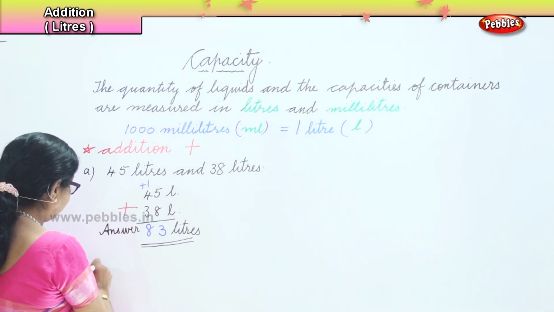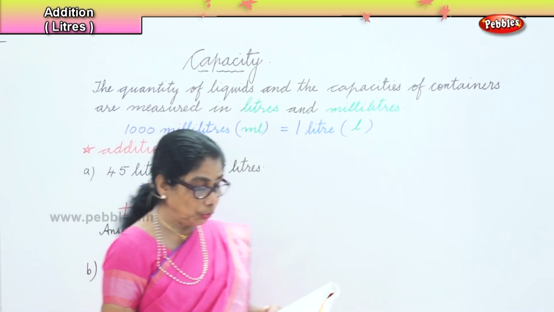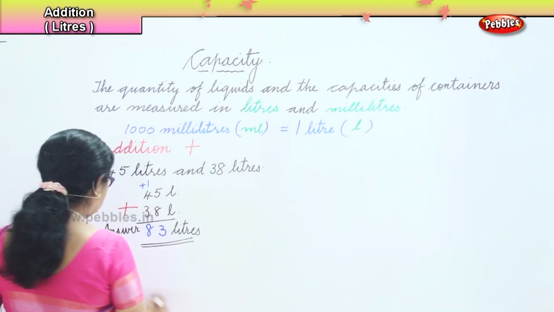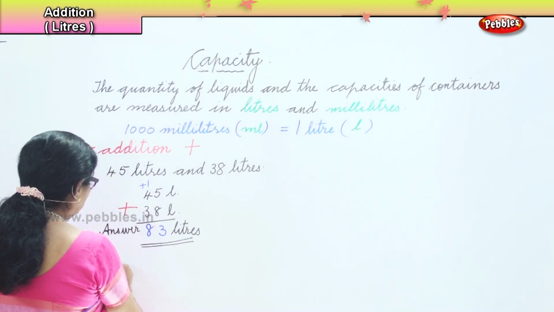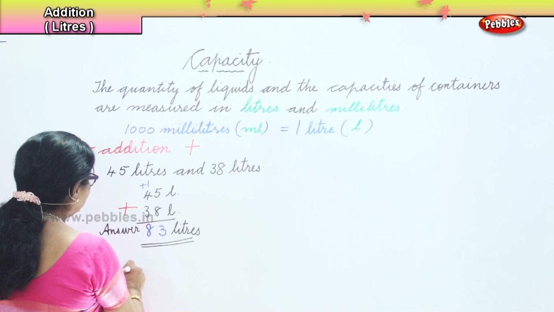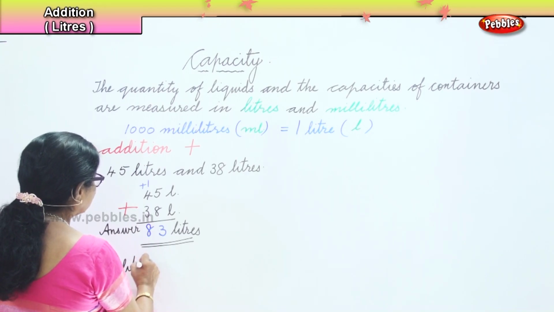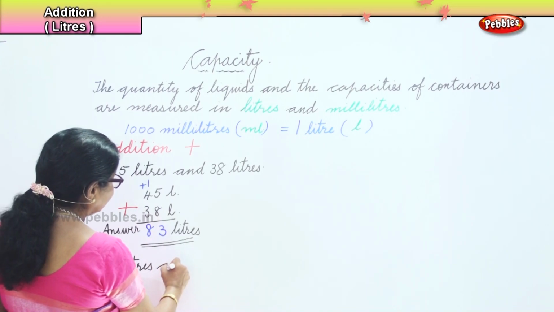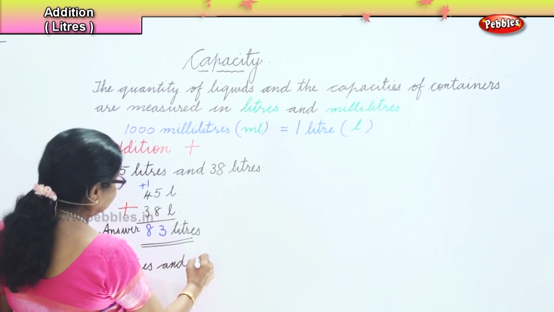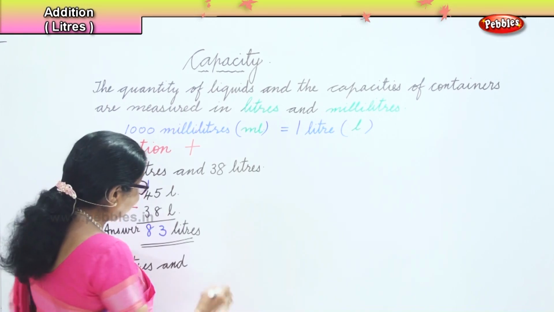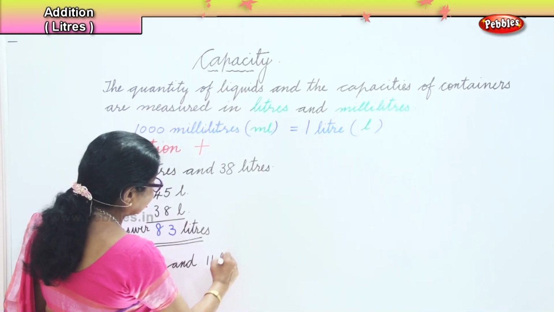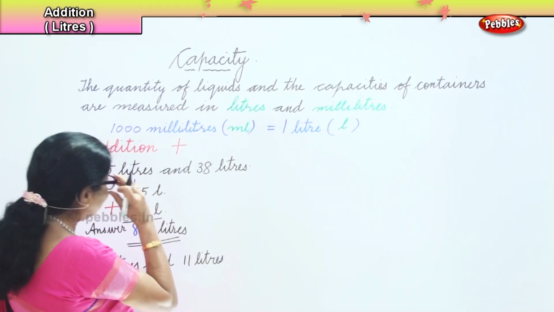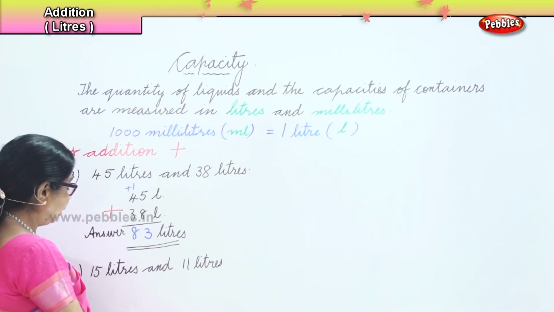Another sum for you, we're going to add 15 liters and 11 liters. What are you supposed to do? What do we do first? We arrange in order.